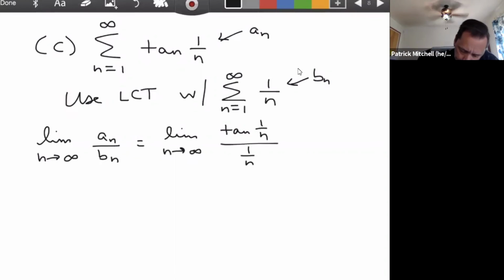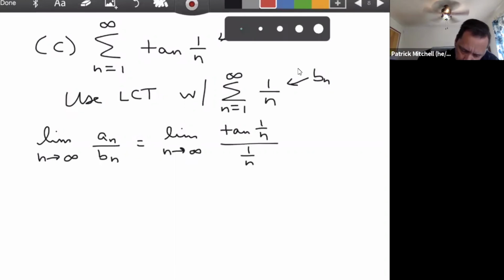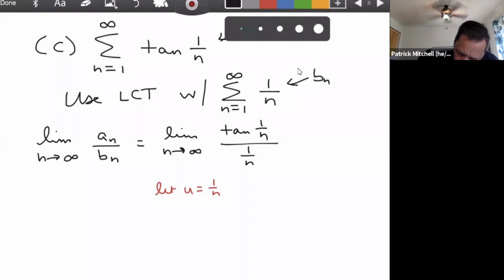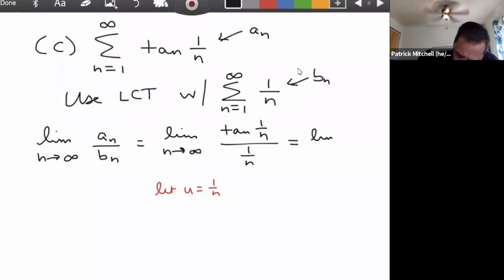I am going to substitute, you've seen me do this before, u for 1 over n so that I can rewrite this limit as the limit of tangent u over u. And now as n approaches infinity, 1 over n approaches 0 from the right. And now, again, it's a Calc 1 limit.